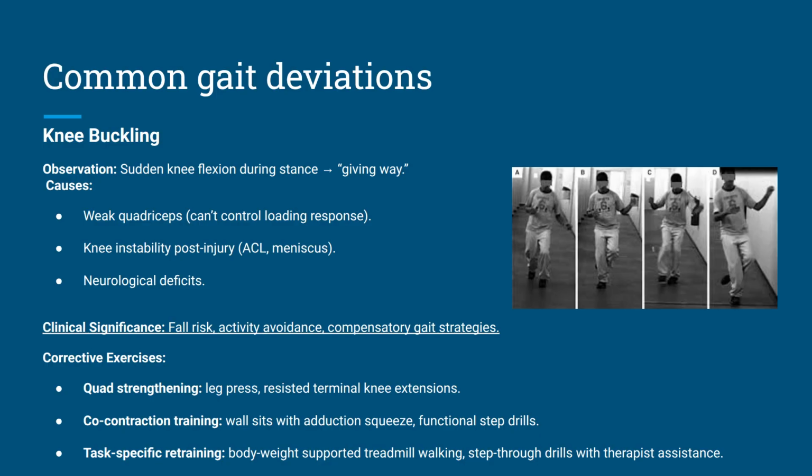They have a loss in confidence, and then they usually avoid activities that they normally enjoy. Assessment pearls: test quad strength in weight bearing, look for apprehension, ask directly about giving way.